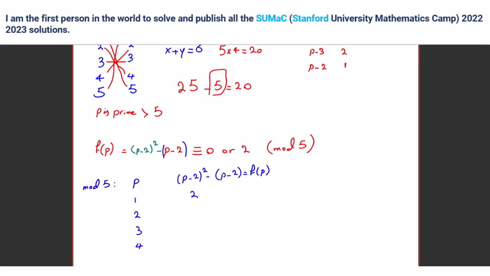Yes, sir. So p equals 2 is 0. What about 3? 3 will also be 0. Yes, and 4? 4 is going to be 2. So we proved that in each case, it is 2 or 0. Understand? Okay, yes, sir, I understand.